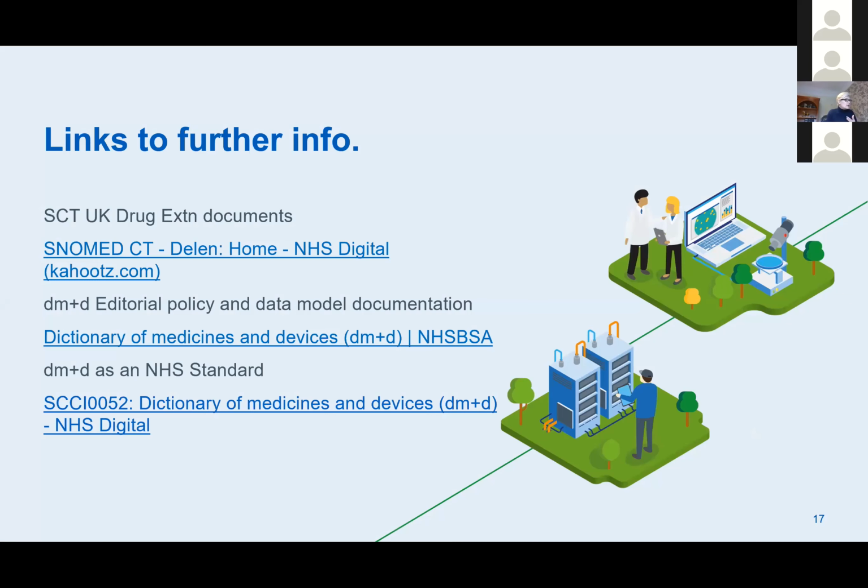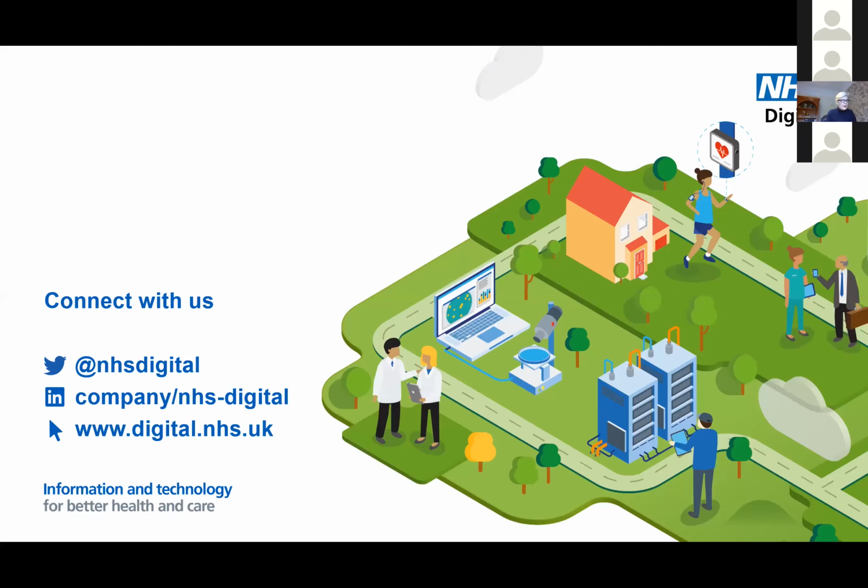And there is also a link to the SCCI standard, which gives you an implementation guide, and it also gives you information about the standard. And I think that is it. So if you have any questions, please feel free. I can elaborate further. I can hopefully explain why, if you've got questions.